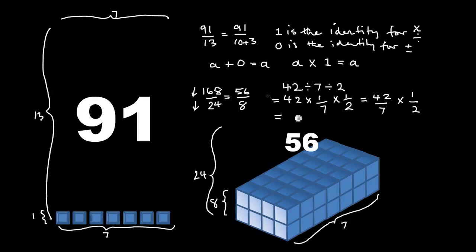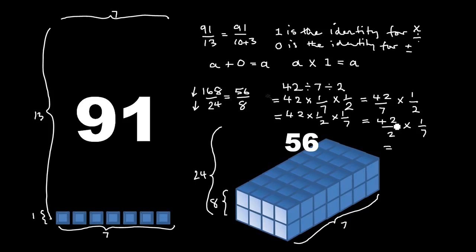We might, though, want to change this around, and I suggest that would be easier than thinking about it in this way. So I'm going to rewrite this: 42 times 1/2 times 1 divided by 7. And that gives us the much easier calculation of 42 divided by 2 times 1 over 7.